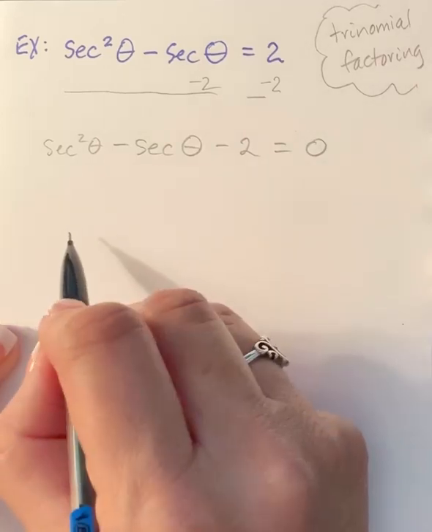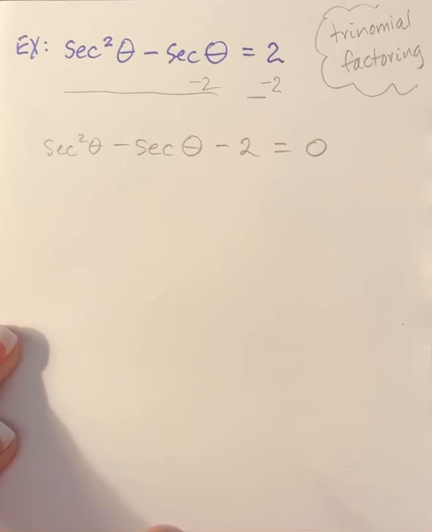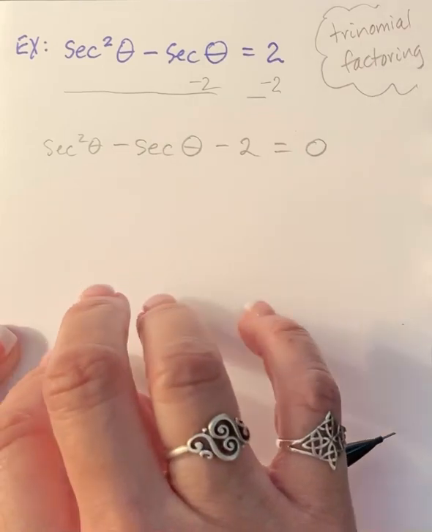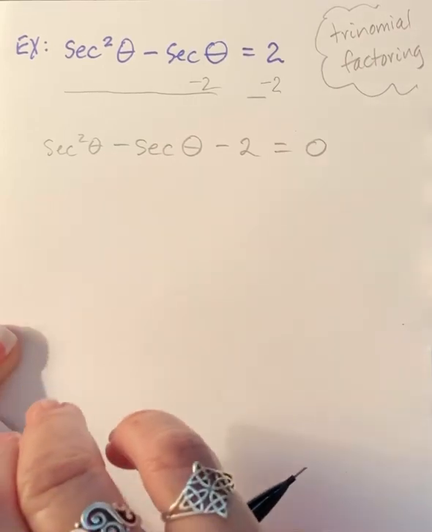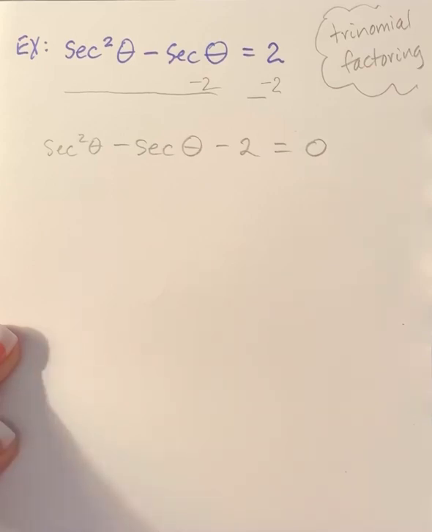So we're going to use a trick that we learned way back at the beginning of the year. When something's in quadratic form, it's not a straight quadratic equation with just a variable squared, then you can look at it in quadratic form. You can use a substitution to make it easier to work out.